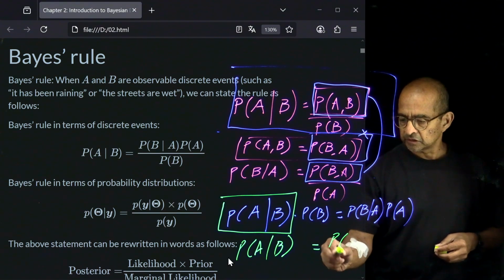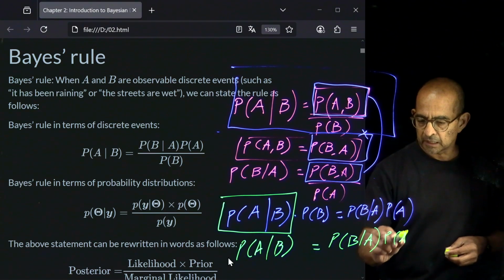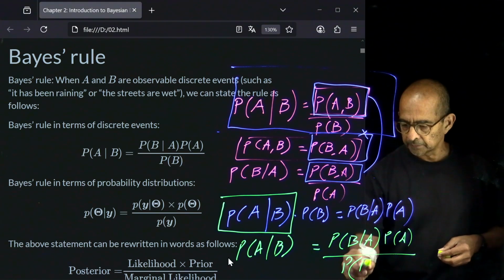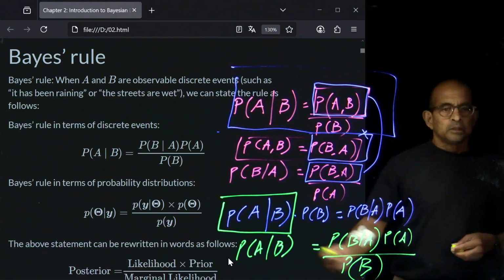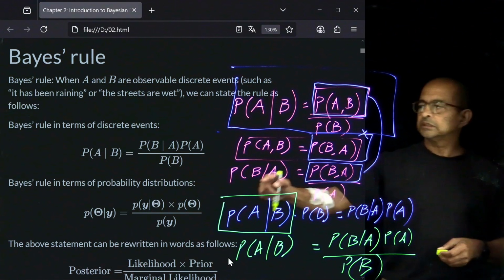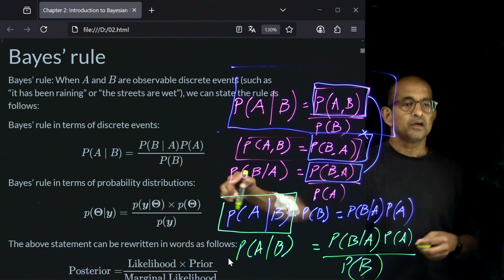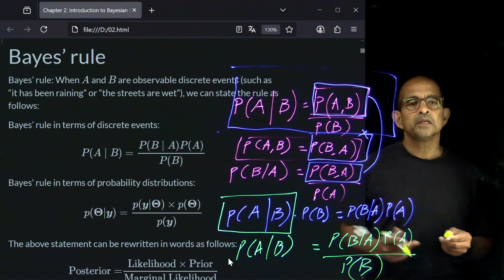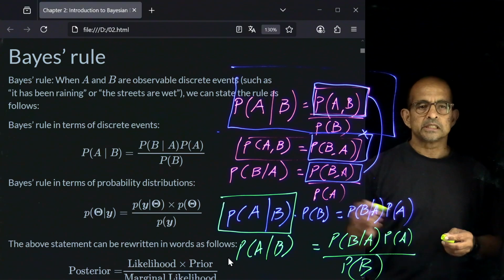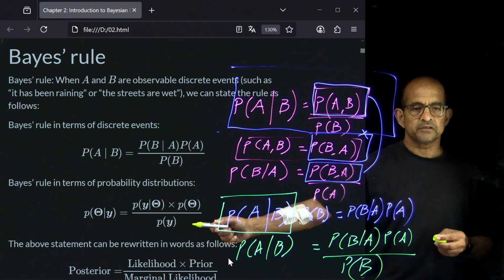That would be the probability of B given A times the probability of A divided by the probability of B. So this is what gives me Bayes' rule, and that's what you're seeing over here in this equation. That's how this rule is derived for discrete events. Having done that, what we are going to do now is think about this Bayes rule in the context of probability density functions.